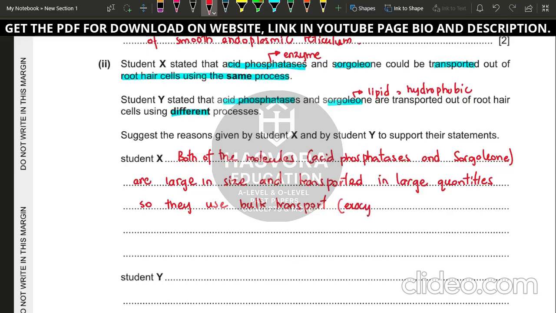Okay, so they use exocytosis because they are large in size and they cannot be transported directly.